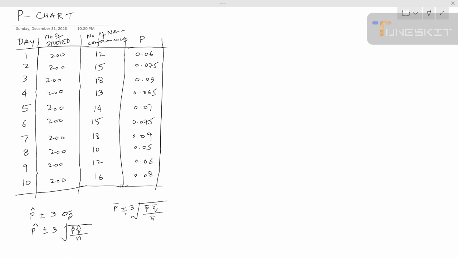When we subtract this 3 times standard error factor from p bar, we get the lower control limit, and when we add it to p bar, we get the upper control limit.